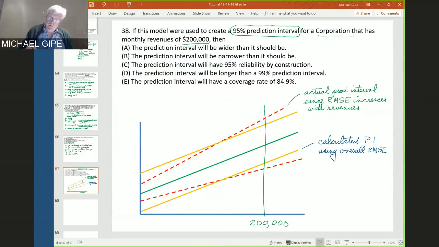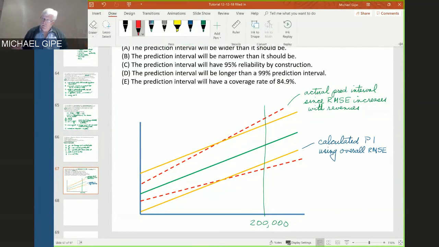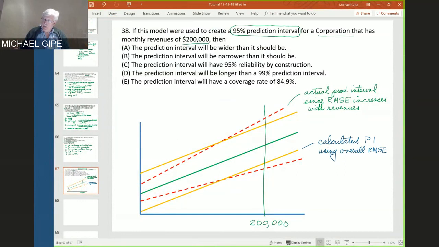So what we see here is the calculated prediction interval at 200,000 is narrower than it should be.